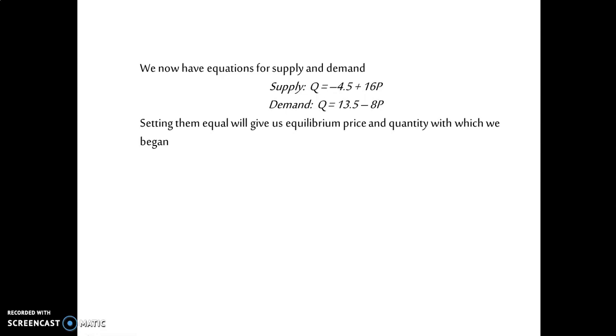So I would like you to do a couple of examples in the class exercises that I will be uploading. As a check, if we were to equate our demand and supply curves to determine the equilibrium price and quantity, we would find that Q is equal to 7.5 and P is equal to 0.75.